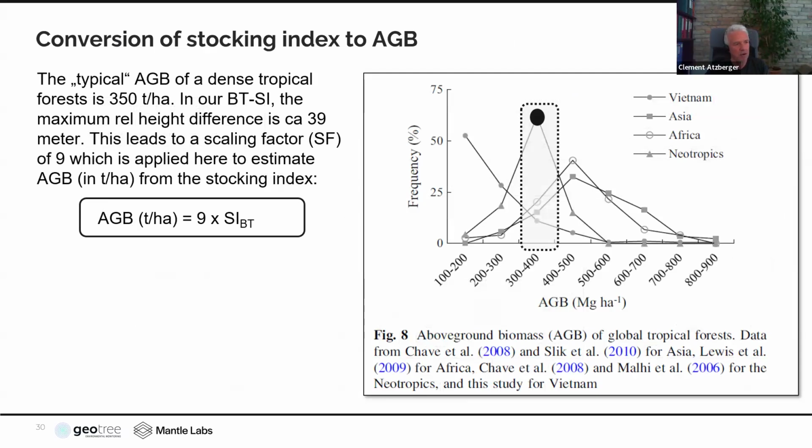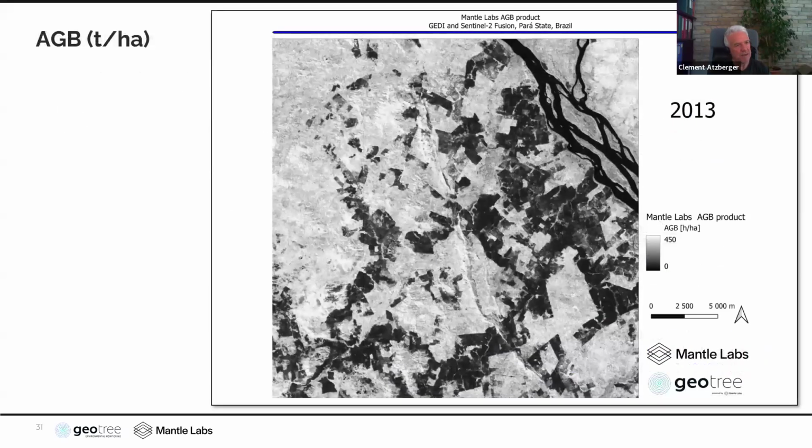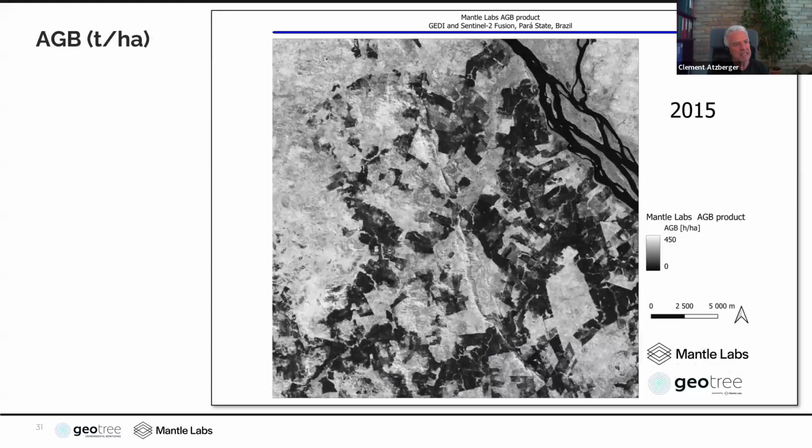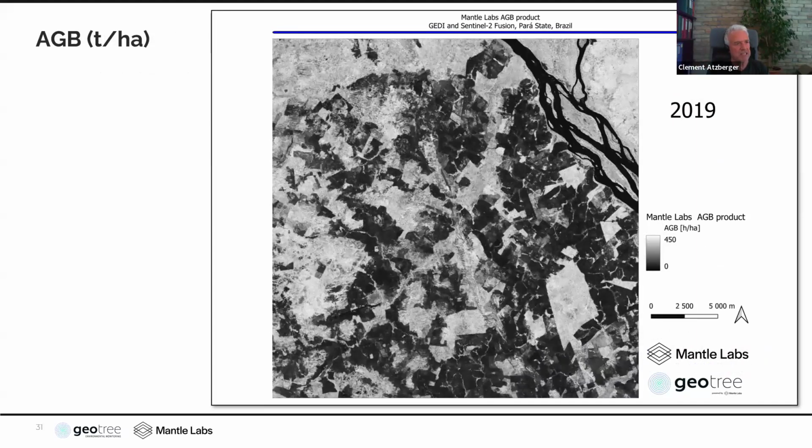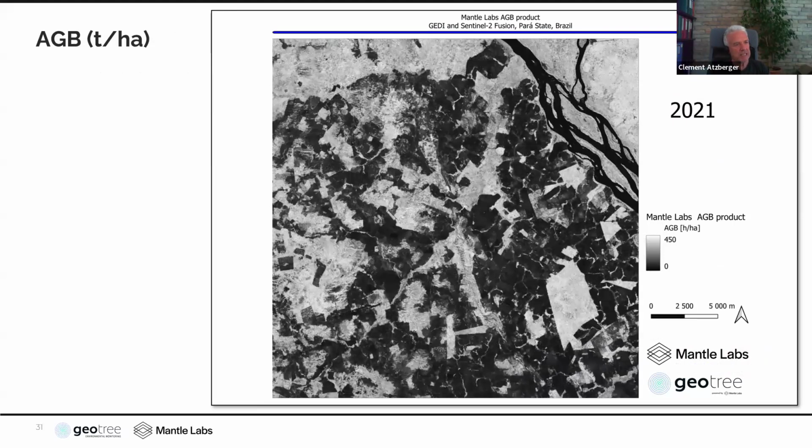It's here almost a factor of 10. To be precise, it's 9. So we just scale our original stocking index by 9 to get above ground biomass in tons per hectare. Now, this gives you the AGB over 11 years, starting from 2013 to 2023.